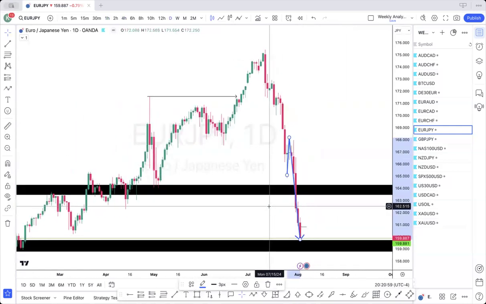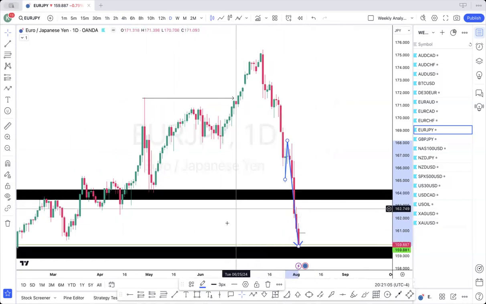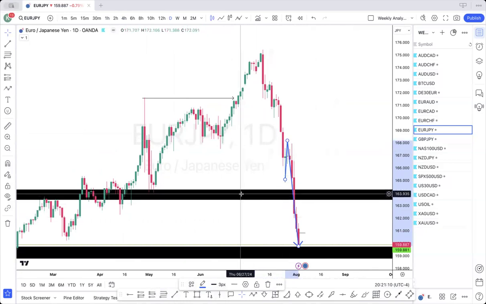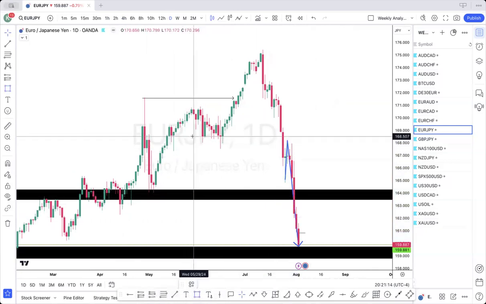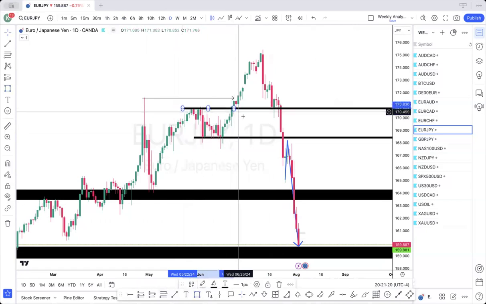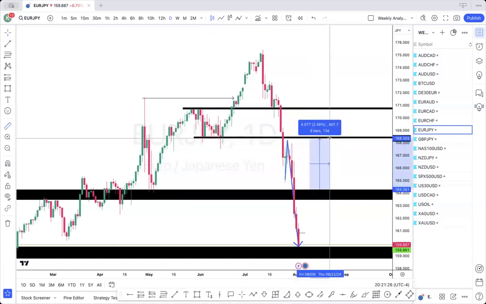Or from one zone to the next zone. So for Euro JPY, we had a zone here, we had a zone here. If price broke this high here, you see you got a daily zone here, right? And then you also have a zone here. So depending on what kind of trader you are, you can go from here to here, which is 400 pips.